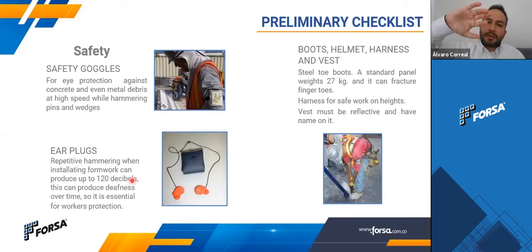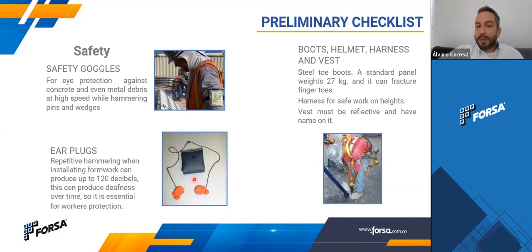But let's talk about the equipment and the safety and all the things that are required for the workers to have, for safety reasons. They need goggles for eye protection. They need earplugs. You know that these guys are hammering all day long, so you don't want them to go deaf.